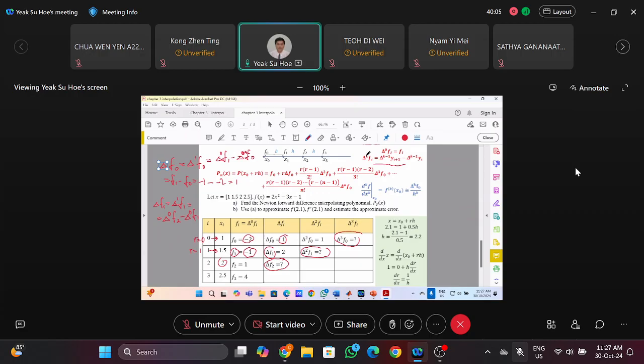So for this K is 1, this I is 1, then you will get F2 minus F1. What is F2? F2 is this 1. 1 minus F1 is -1, so you get 2. So everyone clear?